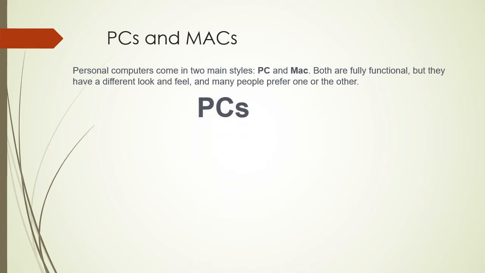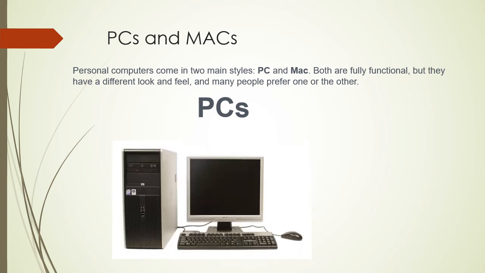The first of which is the PCs. These PCs are a type of computer whose production began with the IBM PC, and it was introduced in the year 1981. After that, other companies joined IBM in producing this kind of PCs, which are called the IBM PCs.